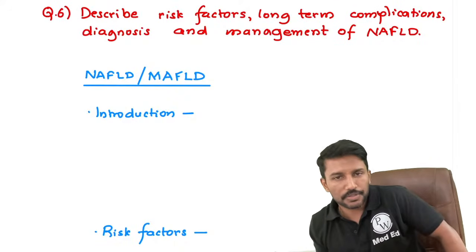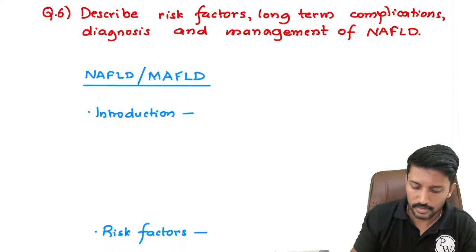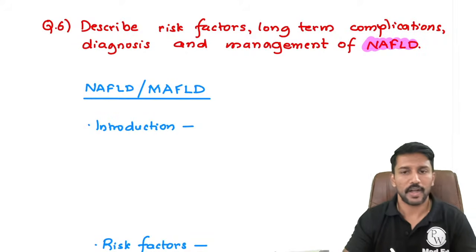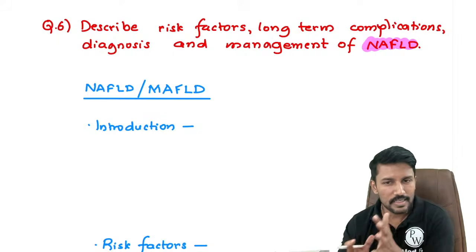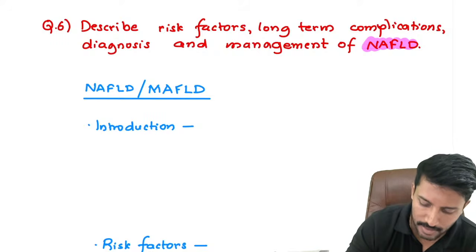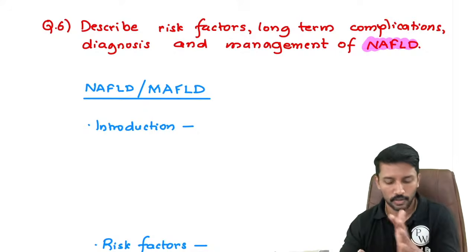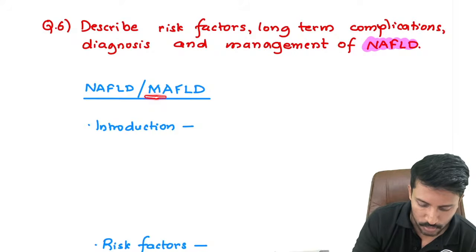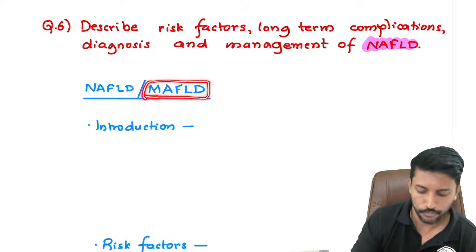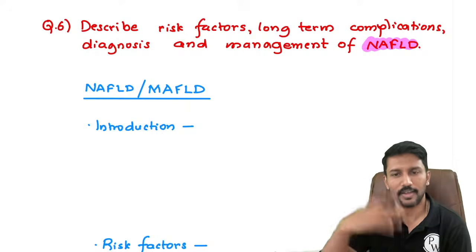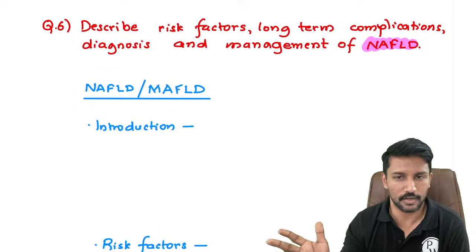We will move to the next question, which is from hepatology, about non-alcoholic fatty liver disease. Now, in the recent literature, we have started replacing this term non-alcoholic fatty liver disease with metabolic dysfunction associated fatty liver disease, because it's not just that fatty liver happens in an individual who doesn't drink alcohol.